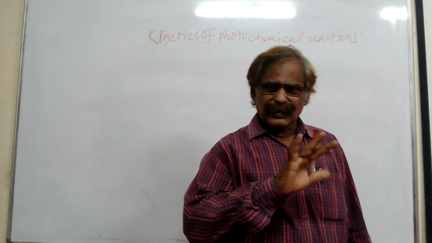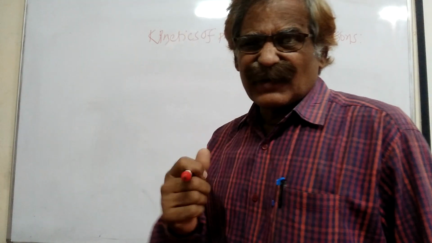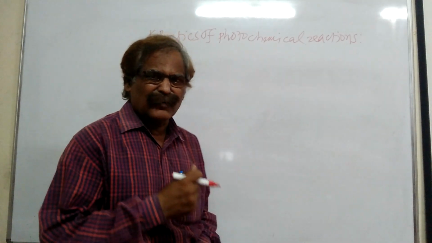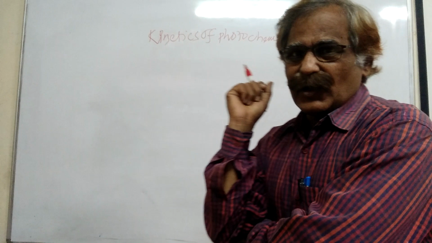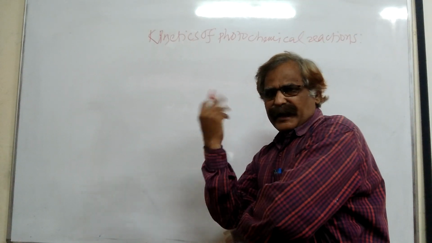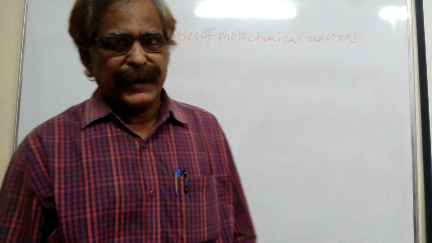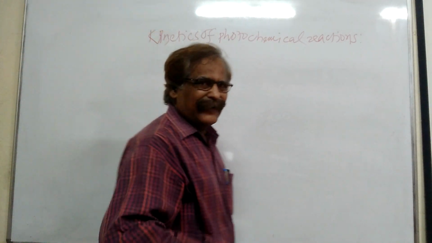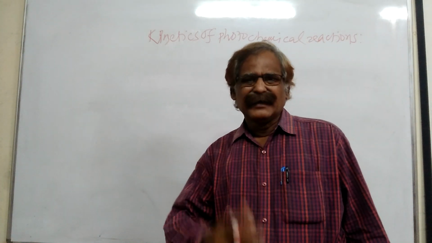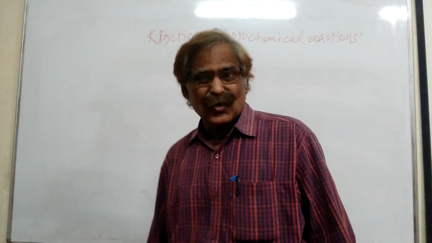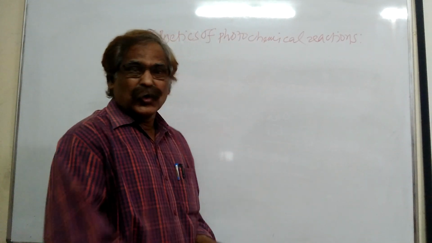That is the most important thing, because the rate of almost all photochemical reactions depends upon the intensity of the electromagnetic radiations used for carrying out that particular photochemical reaction.